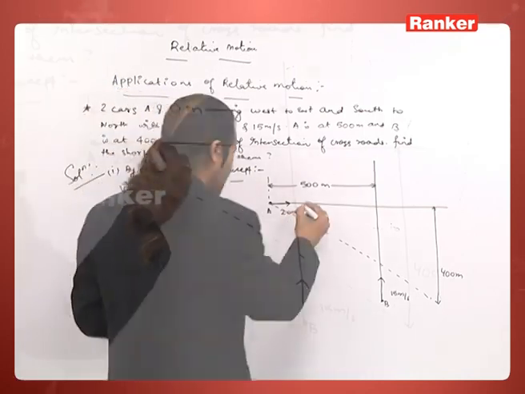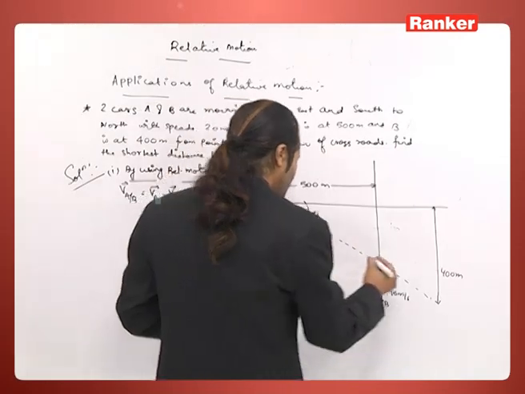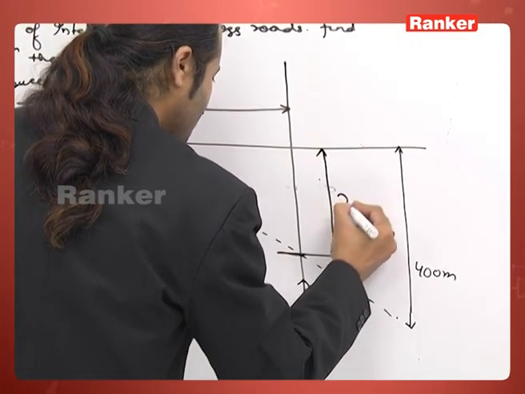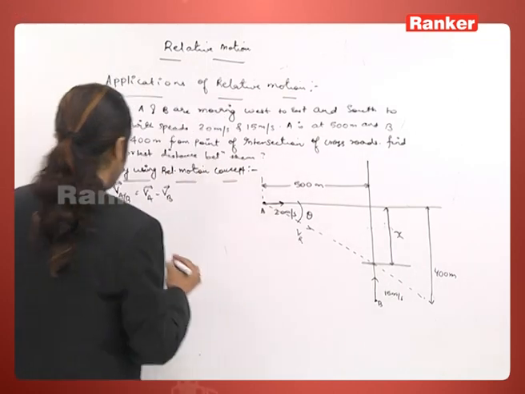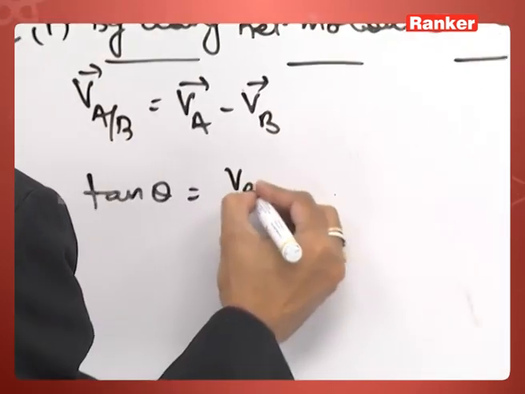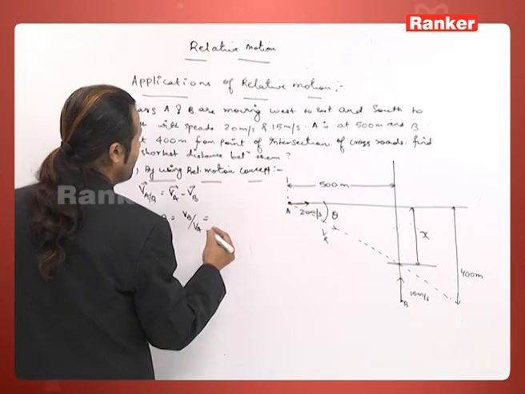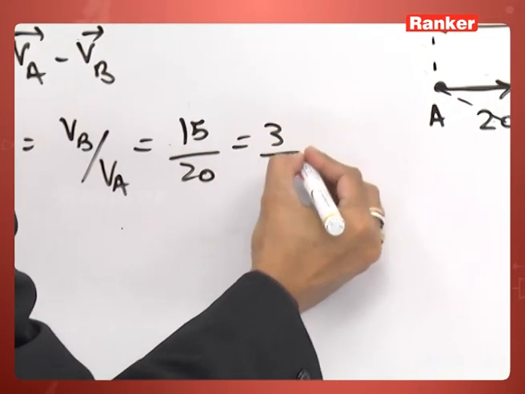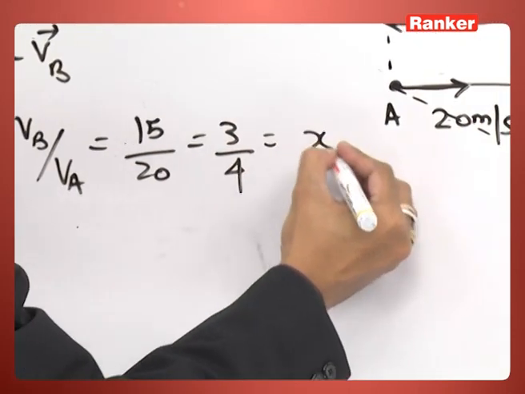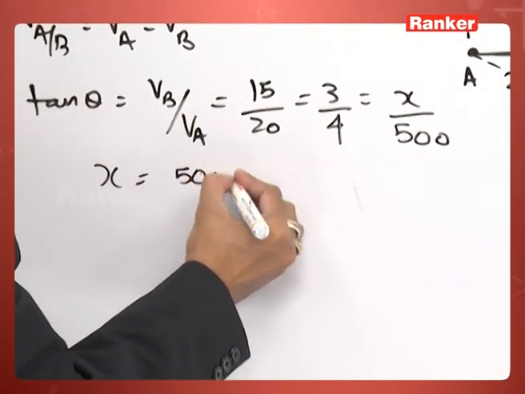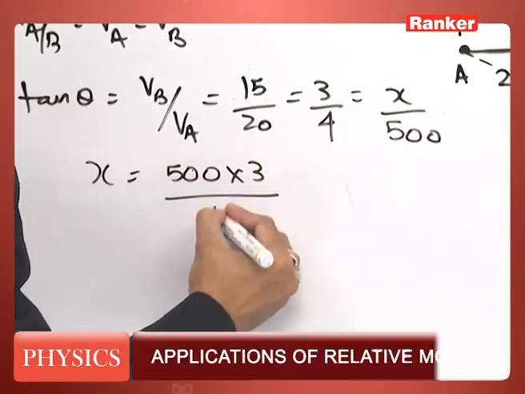Now let us say this angle to be theta, and let us say this distance to be x. So I can write tan theta is equal to Vb by Va, which is 15 by 20, 3 by 4, equals x by 500, or x is equal to 500 into 3 divided by 4.